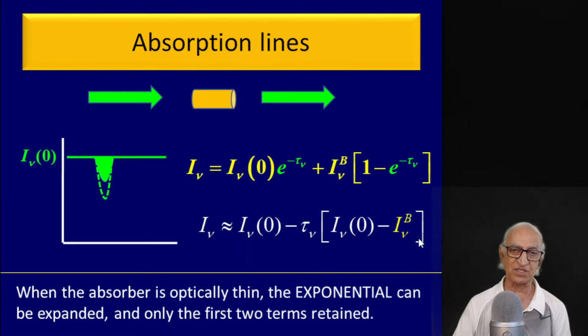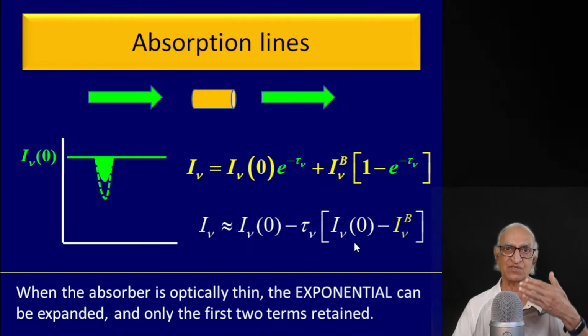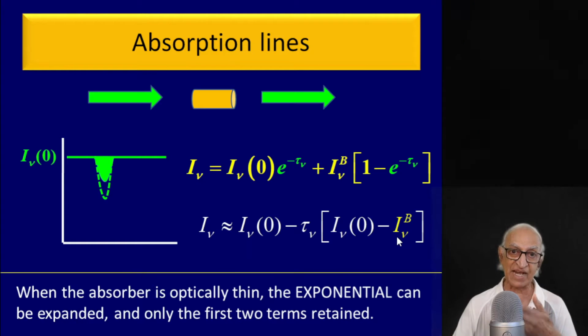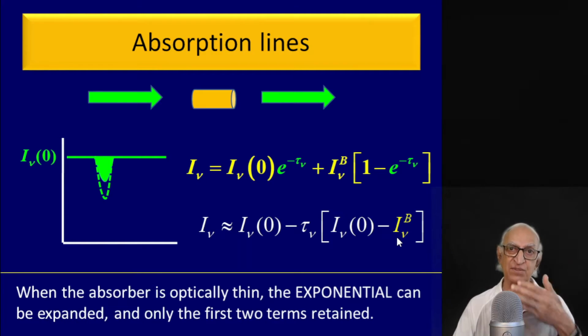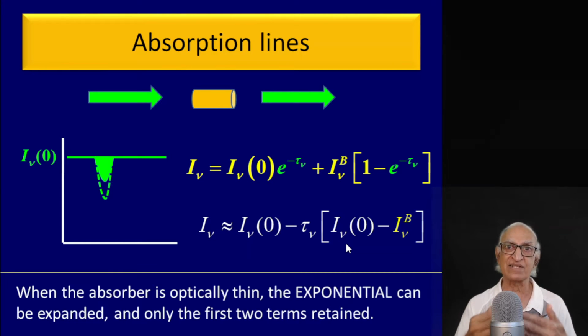If the square bracket is positive, what does it mean? It means that the specific intensity of the background radiation is greater than the specific intensity contributed by the atmosphere. Or in other words, the brightness temperature of the background radiation is larger than the brightness temperature of the foreground radiation. Then and then only you will get absorption.